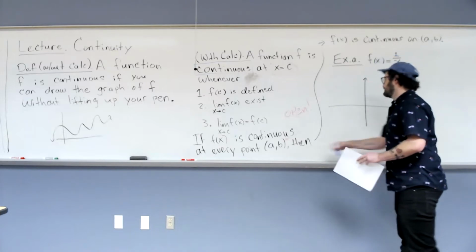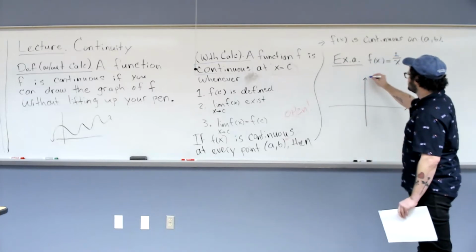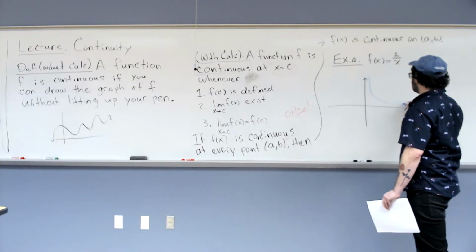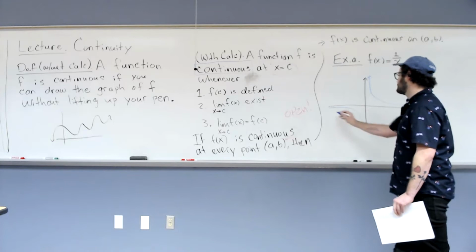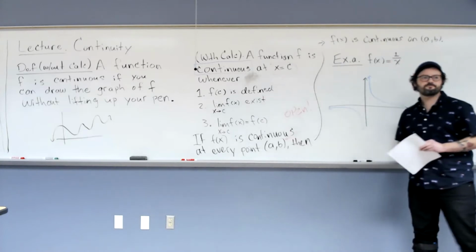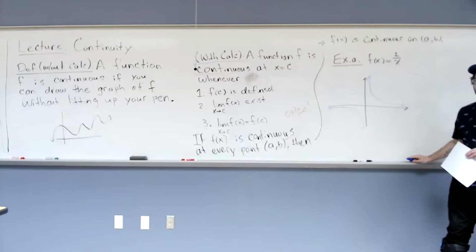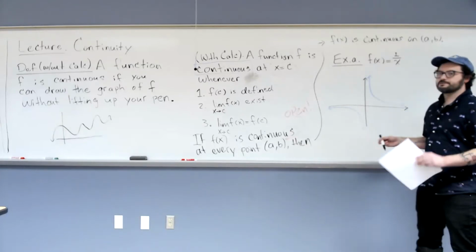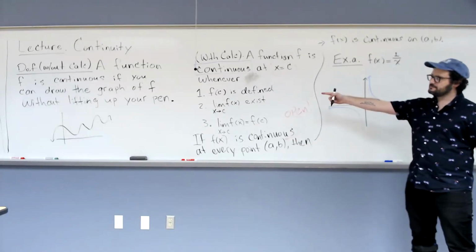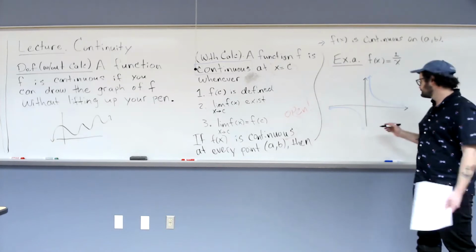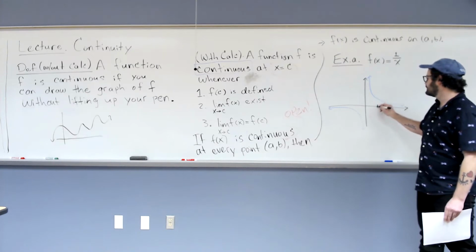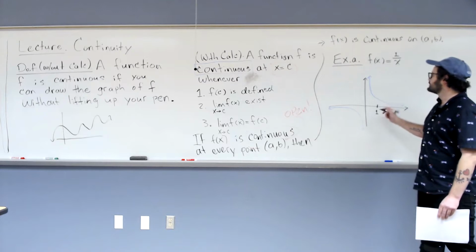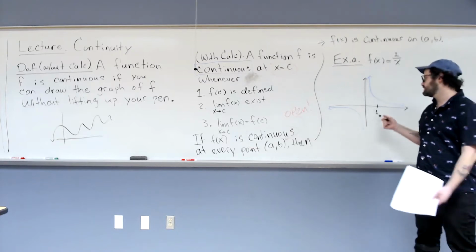Well, it looks something like this. Let's first focus on continuity at a point, let's say right here, when x equals 1. So is this function continuous at x equals 1?